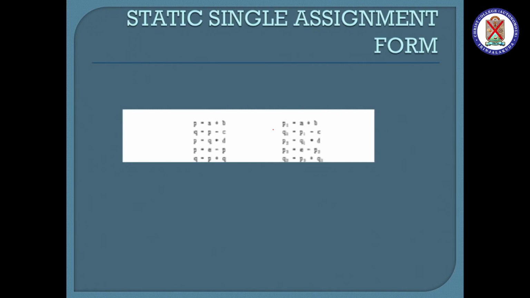First is that it uses a distinct name for each assignment. For example, here P is equal to A plus B. Again, P is used here: P minus C, Q plus D is again assigned to P. So this P and this P are different. Here the plus operation result is given to P, and here another multiplication operation is given to P.